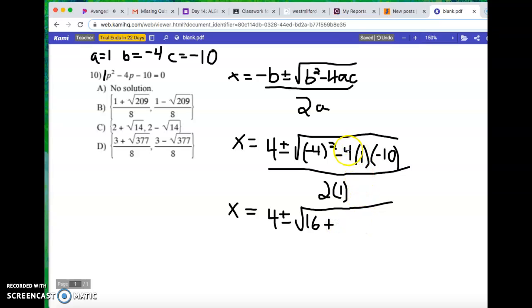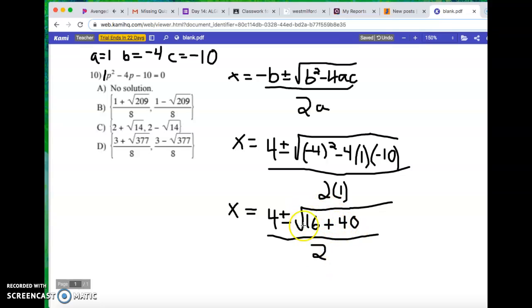And then you can just do 4 times 1 times 10, which is 40. Right, so that's kind of nice. You can also do -4 times 1 times -10 in your calculator. Your answer will be +40. Just don't forget to put the plus in there. And that's all going to be over my 2. Right, because 2 times 1 is 2.